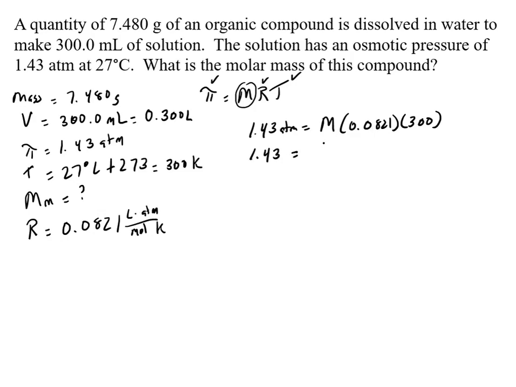When I multiply these two terms together, I get 24.63 M. And to isolate M, I divide both sides by the 24.63, so I have 1.43 divided by 24.63 is equal to M. And so my M is going to be 0.05806 molar.